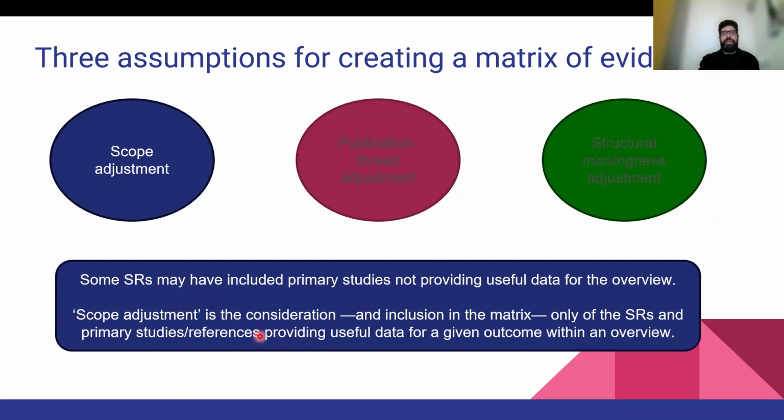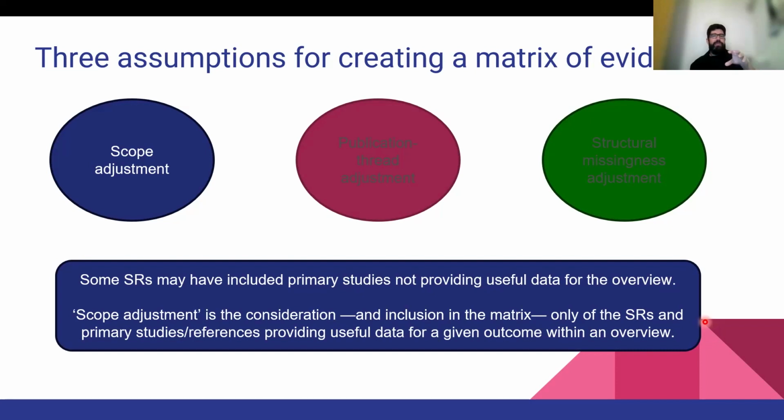So scope adjustment is the consideration and inclusion in the matrix only of the systematic reviews and primary studies or references providing useful data for a given outcome within an overview. This may sound very basic. I mean, if I find a study that isn't useful for me, I should not include that. But let's remember that when you do an overview, you're including the systematic reviews.